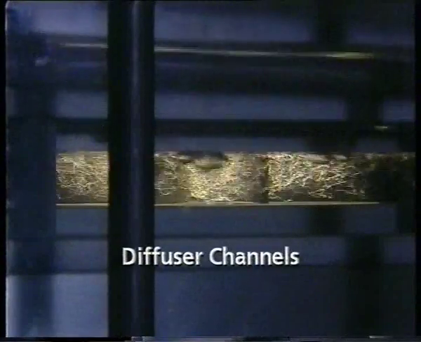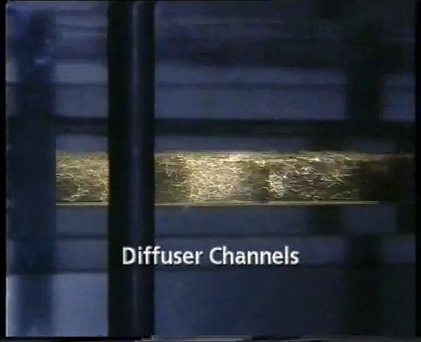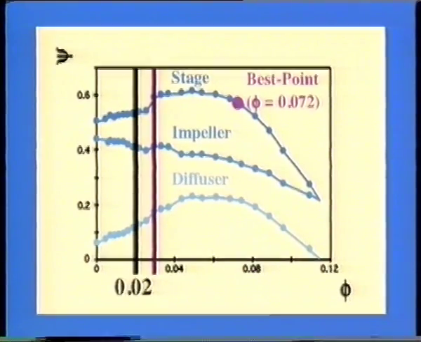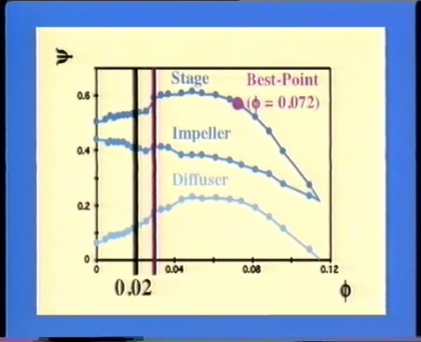In this sequence, diffuser channels are looked at through the annular collector during rotating stall operation at a flow coefficient equal to 0.02.